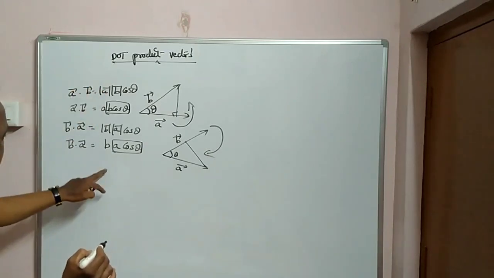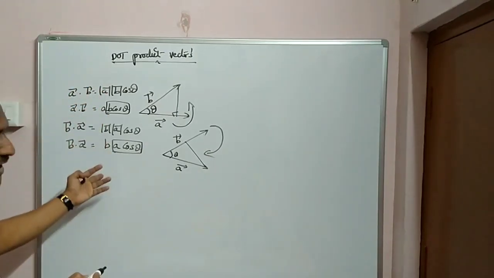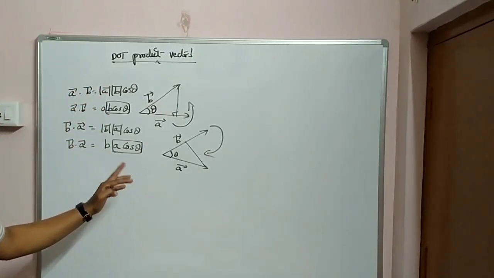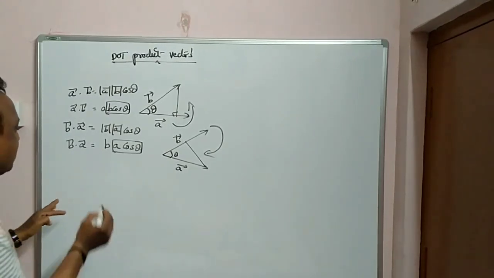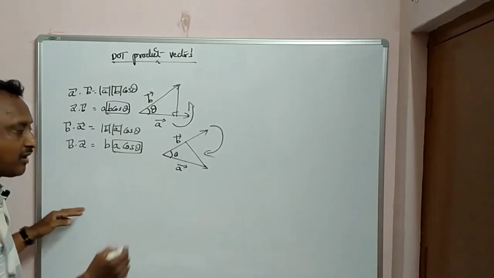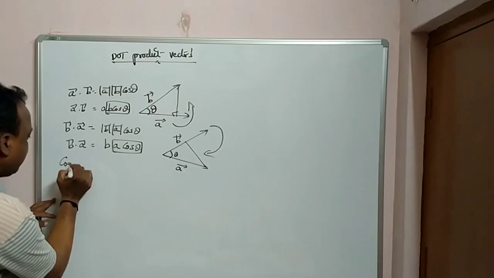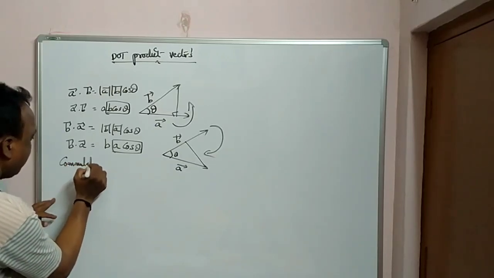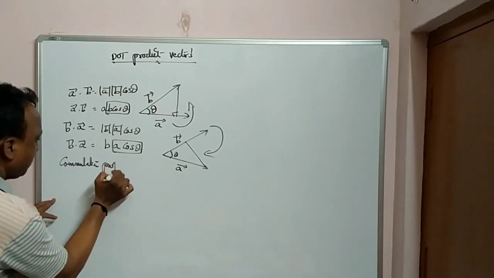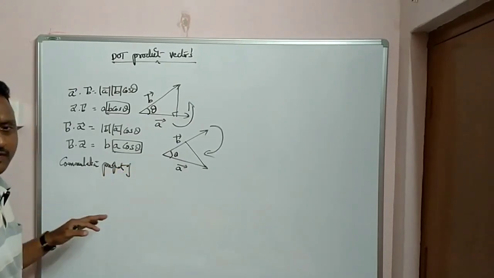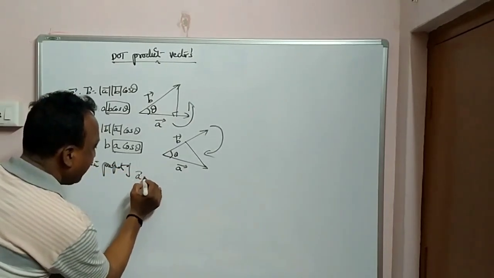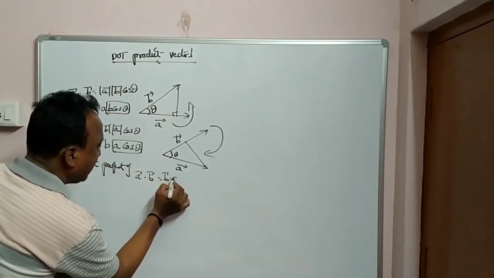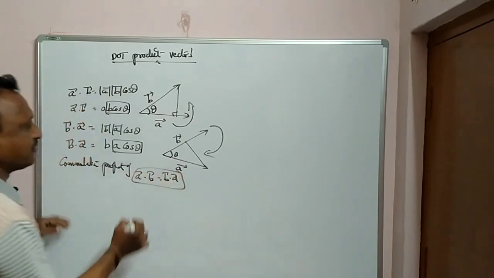So you can observe a phenomenon here. a dot b, 3 into 2 is 6, and 2 into 3 is the same. So it is obeying a property called the commutative property. It obeys the commutative property in the dot product of vectors. That means a dot b is equal to b dot a. Very, very important.